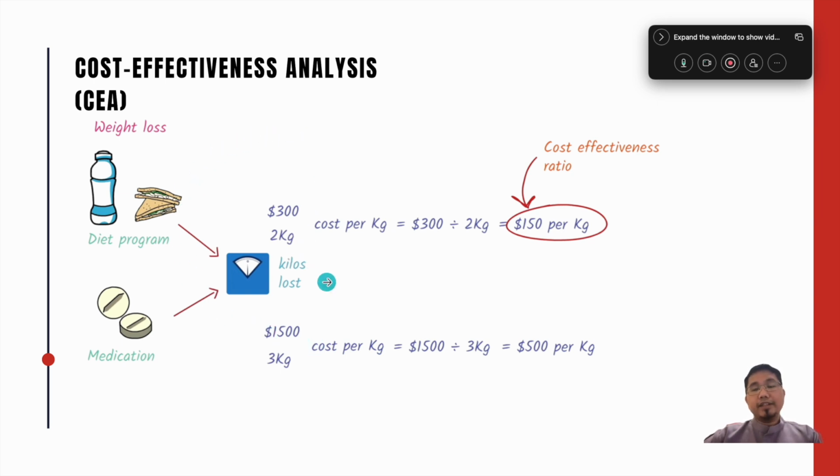When we look at the health outcome, which is the kilo loss, for the diet program we have 2 kilogram loss, and for the medication it is 3 kilogram loss. After that we need to do the cost effectiveness ratio, which is the cost per kg. 300 divided by 2 kg comes out to 150 per kg, and 1500 divided by 3 kg is about 500 per kg. That is a simple example for the cost effectiveness analysis.